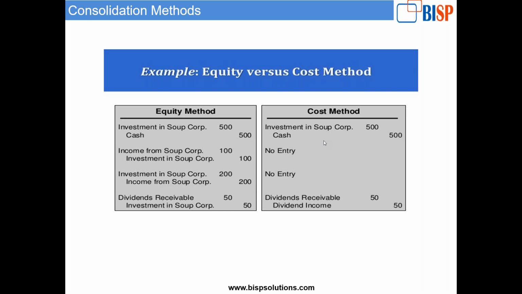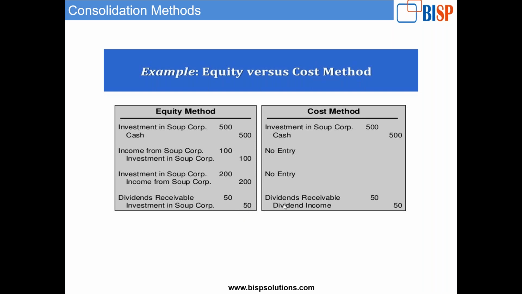In a similar case, if the acquired company has declared a dividend, the dividend receivable is debited and our investment amount is credited. This time we reduced our investment amount by 50.